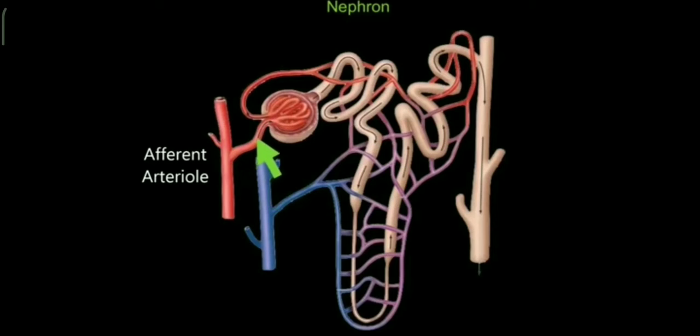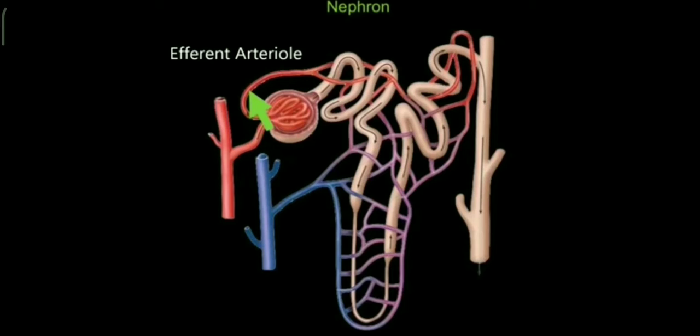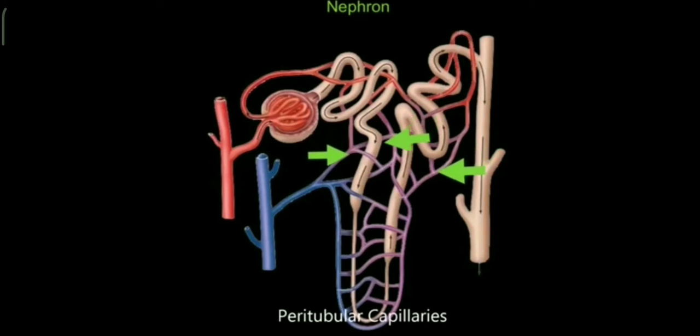This afferent arteriole forms network of capillary called glomerulus. This glomerulus forms efferent arteriole. From efferent arteriole, these capillaries form a network around nephron, and this network of capillaries is called peritubular capillaries.